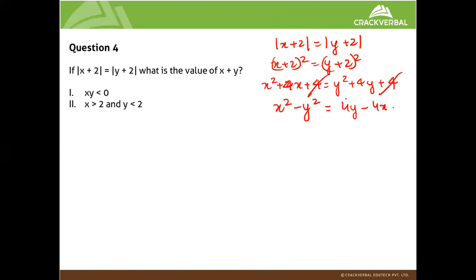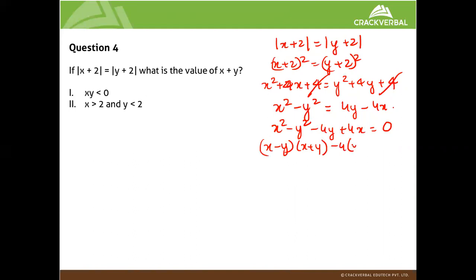Now think about this. How can I further simplify from here? I can just take everything to the left-hand side: x square minus y square minus 4y plus 4x is equal to 0. I can write this as x minus y into x plus y. I take minus 4 common.